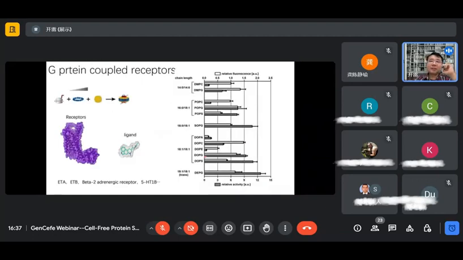Okay, the next very important type of membrane protein that we spent effort on is the G protein coupled receptors. And of course, why they are very hot targets is because most GPCRs are disease relevant, and they are a direct drug target. And of course, the function of G protein coupled receptors depends on the lipid environment and also on the oligomer state of the receptors and so on and so forth.